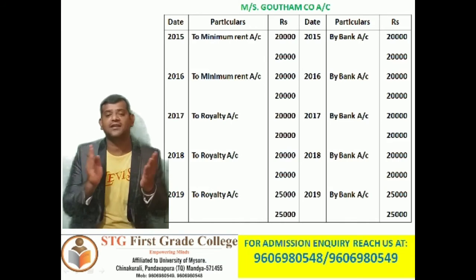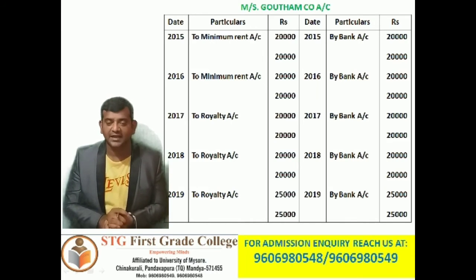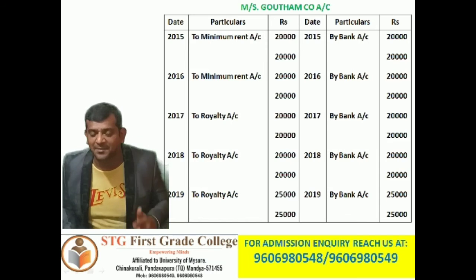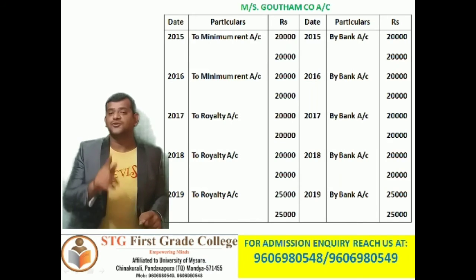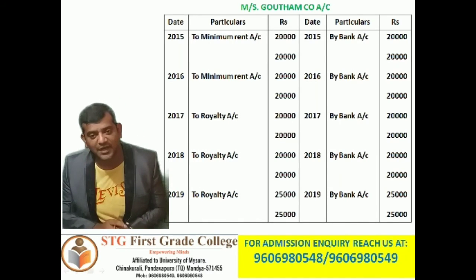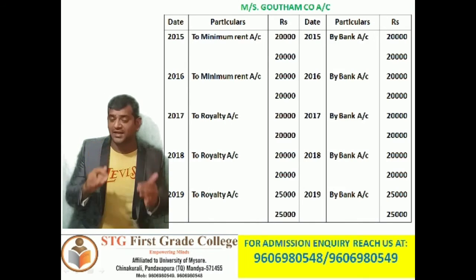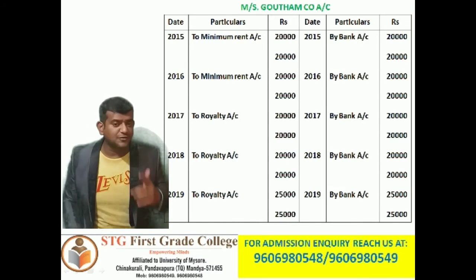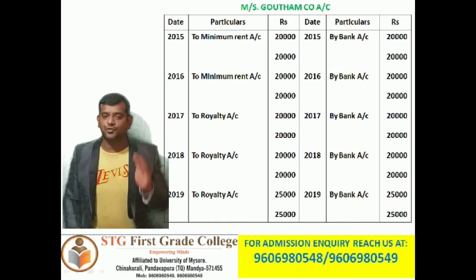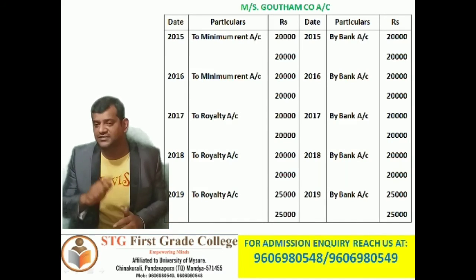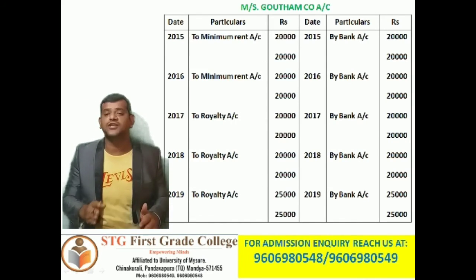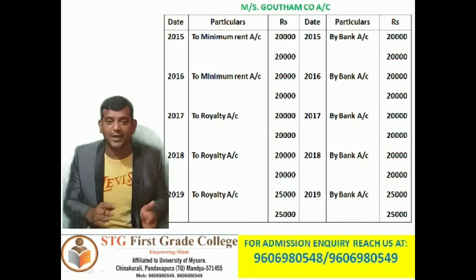What all you have credited, debit all those things. Clear? So 2015 to minimum rent account 20,000. 2015 by bank account 20,000, both the side total 20,000 and 20,000. 2016 to minimum rent account 20,000. 2016 by bank account 20,000, both the side total 20,000 and 20,000.